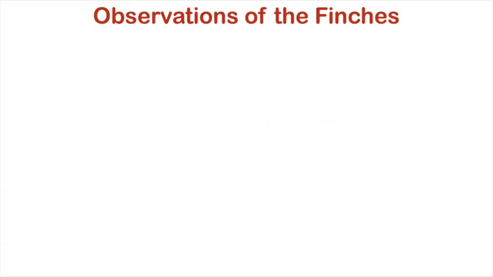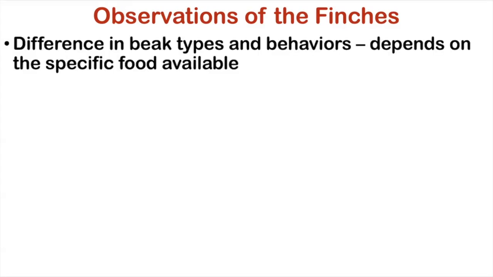Now let's talk about the observations of the finches. Darwin's observation of the finches in the Galapagos Islands was particularly significant because it allowed him to develop his theory of adaptation and natural selection. He noticed that the differences in beak types and behaviors were adapted to the specific food available on each island.